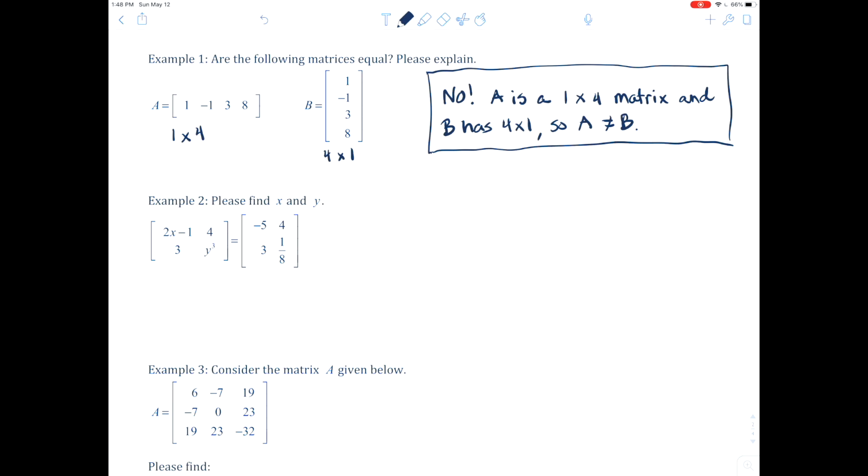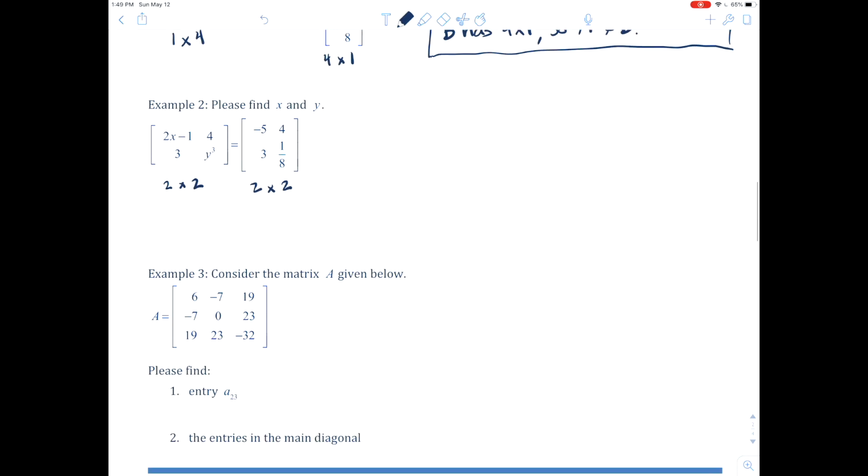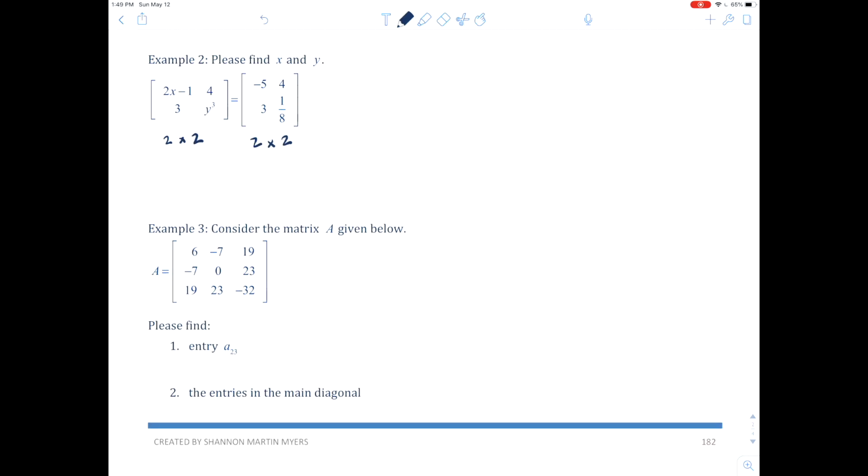Now here, in example 2, what you can see is that this first matrix is a 2 by 2, 2 rows by 2 columns, and so is the second matrix. And they're set equal to each other, are they not? So here, if we set corresponding entries equal to each other, wouldn't 2x minus 1 have to equal -5?